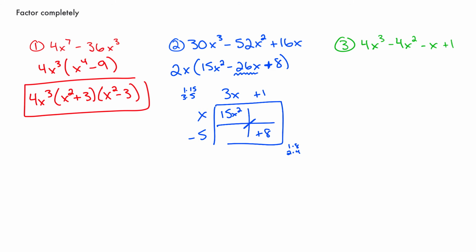Wait a second. I think there's a negative 1. My bad. Because that'll give you a negative x, and then that'll give you a negative 15x, and that doesn't work. 3x times x is not equal to 15x squared. There we go.